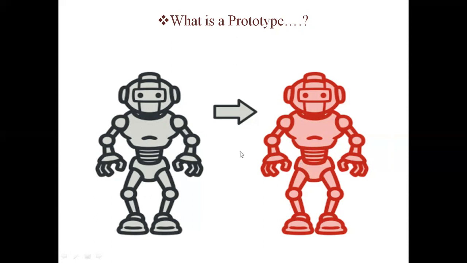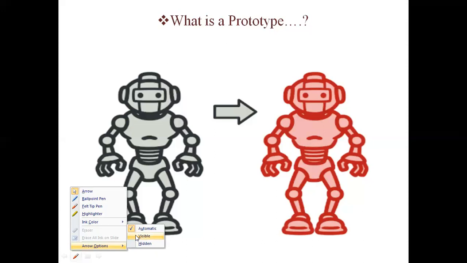It might have some difference in functionality as well, but in totality both the robos are the same, only the color is different. One is in gray and the other is in red.